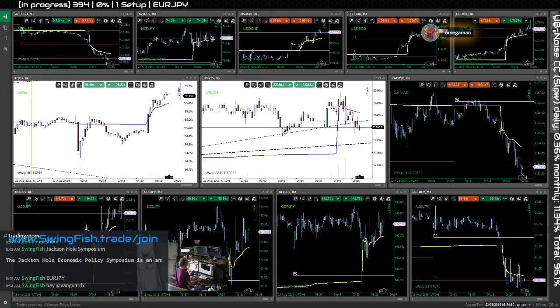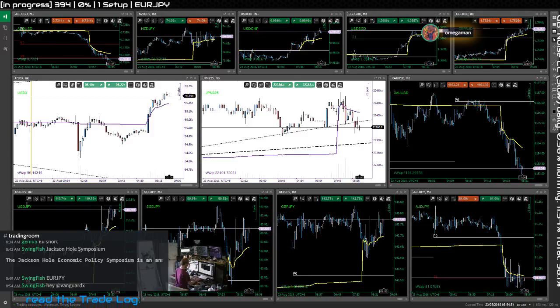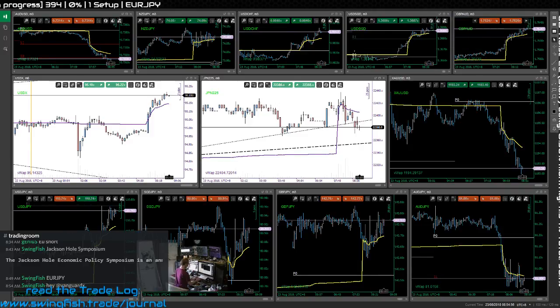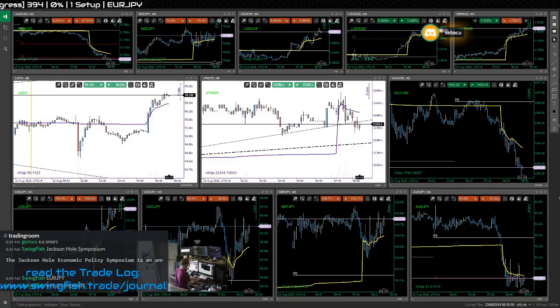I'm wondering why the New Zealand yen just refuses to go anywhere. The dollar is still testing the higher resistance.